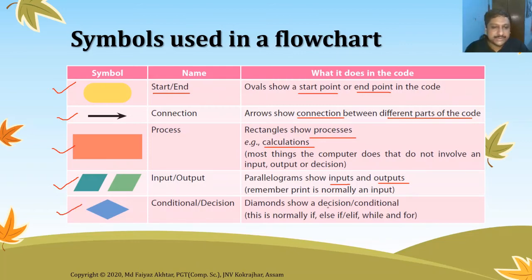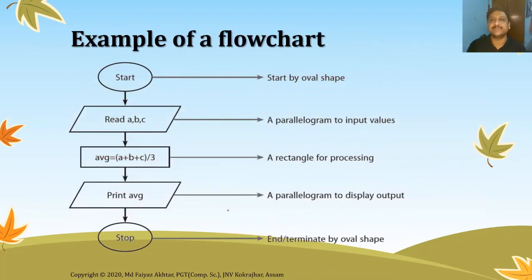A diamond shows a decision or conditional. This is normally if-else, where we have to take some decisions, some logic. Either we have to divide the number or multiply the number. For that purpose, this decision box is needed. Now see the example here, just what we have made.